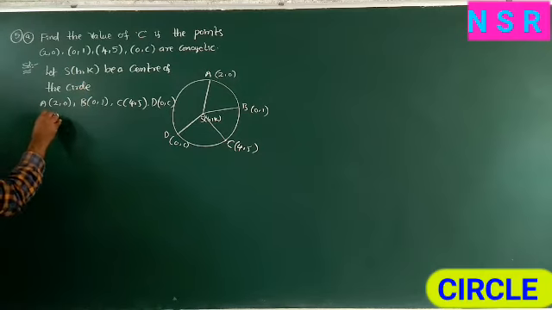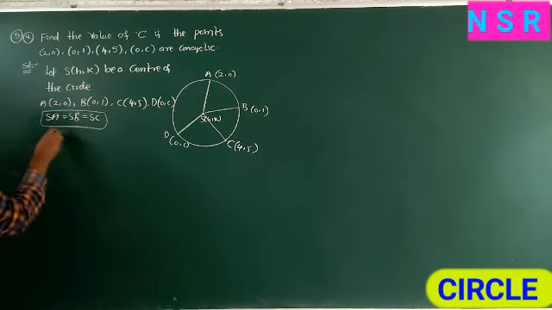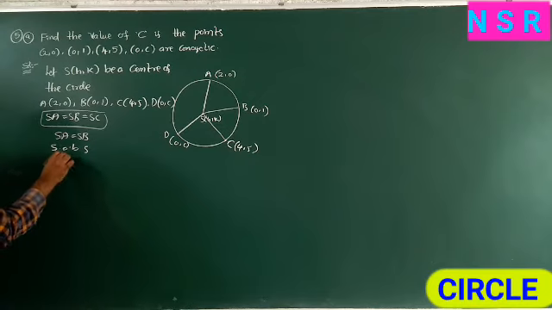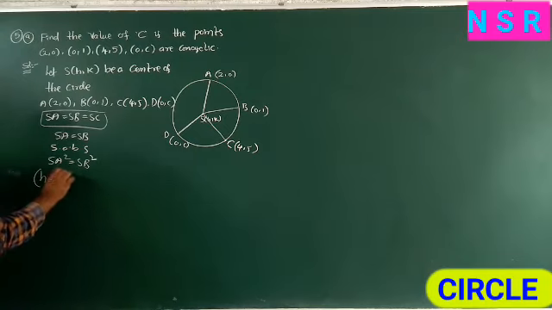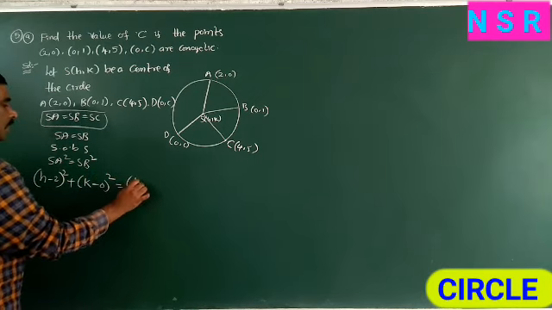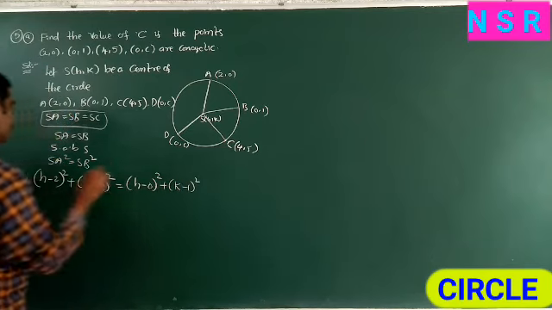So here SA equals SB equals SC. So consider SA equal to SB, squaring on both sides, SA square is equal to SB square. So apply the distance formula: (h minus 2) whole square plus (k minus 0) whole square equals (h minus 0) whole square plus (k minus 1) whole square.